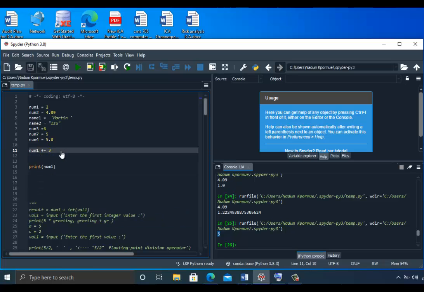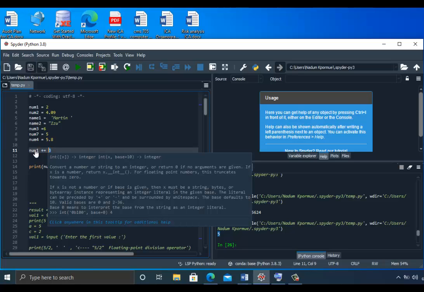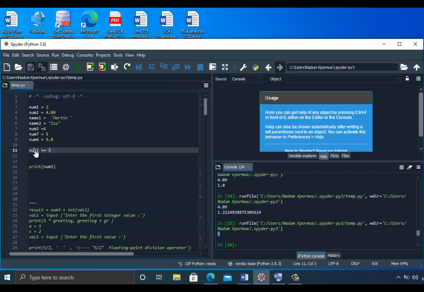Whatever the result is, store it in num1. That is simply what this compound operator is all about. The integer 3 should first of all be added to the content of what? num1. Then the result of that addition should be stored in what? num1.